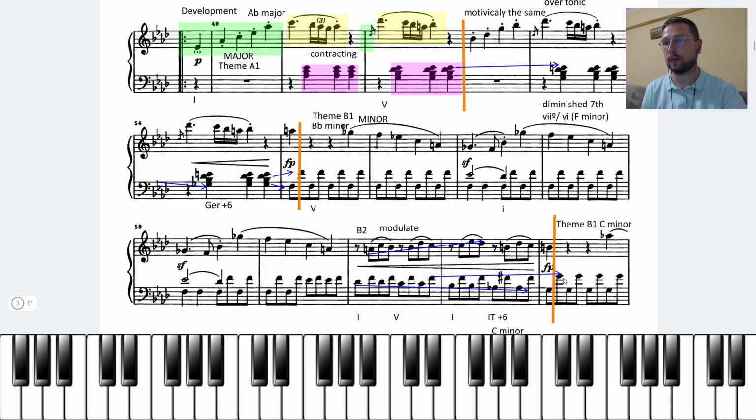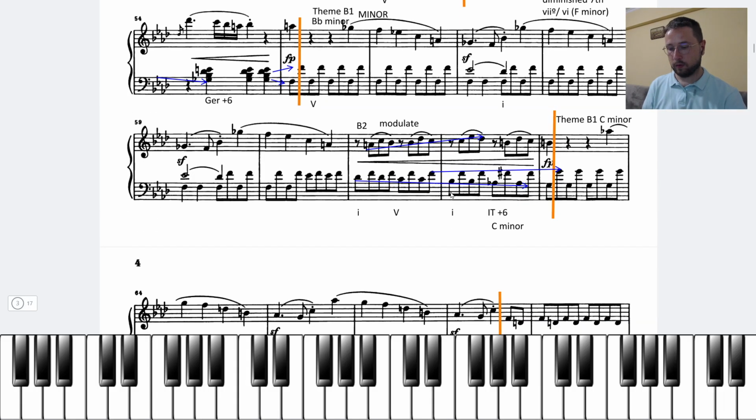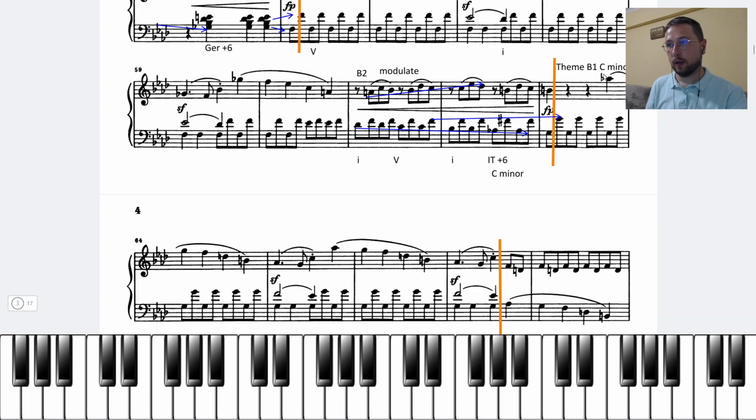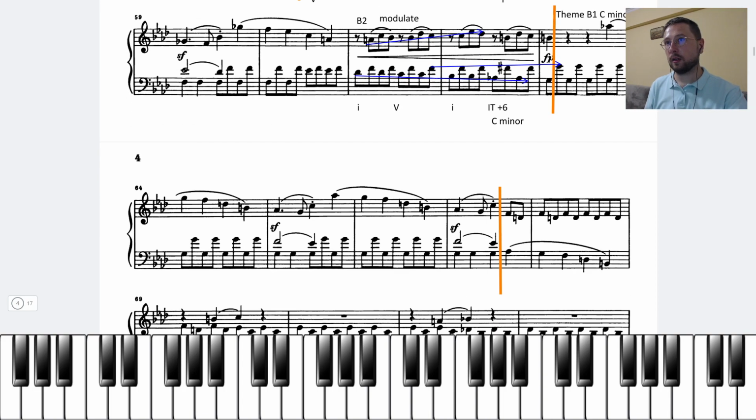And it's very effective. It works very beautifully, very smoothly. Right, well, if that's with the D flat, I'm not sure, that makes more sense with the D natural. Now, after that, we are encountering the exact same material, so there isn't much to talk about.